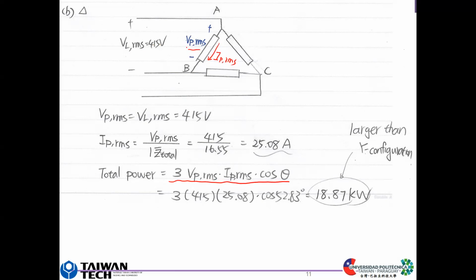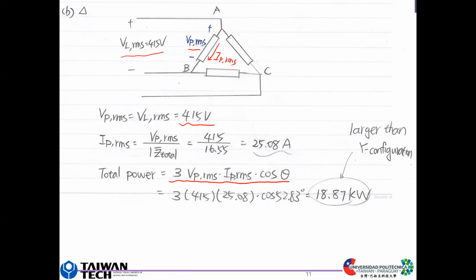For the phase voltage, if it's in delta configuration, then the load shares the same voltage with the line. So the phase voltage equals the line voltage, which is 415 volt. This is given by the problem.